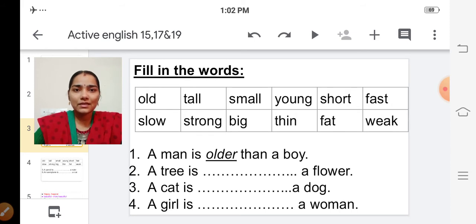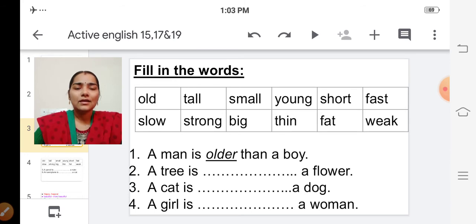We have just seen the comparative adjectives for these words, so we are going to use them to fill in these sentences. See the first one.